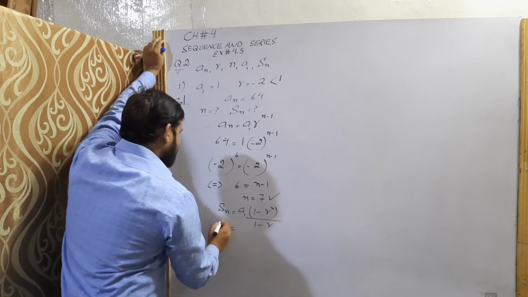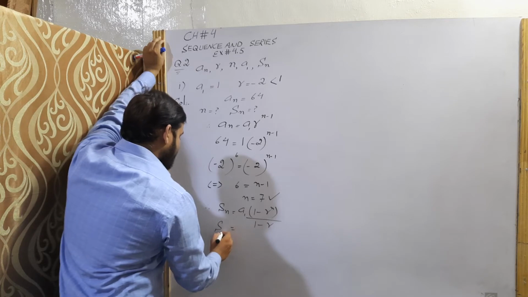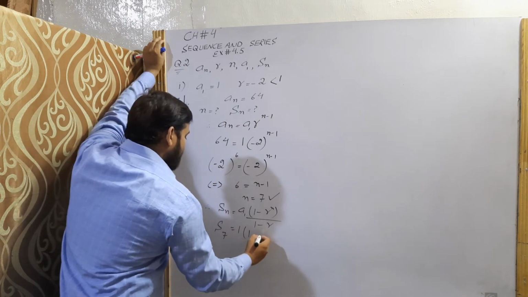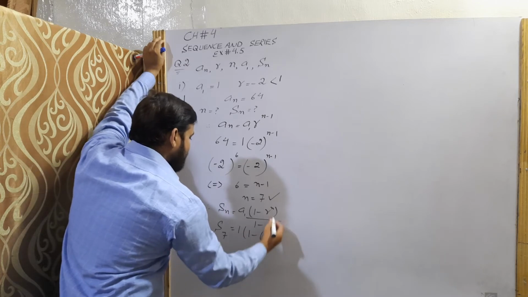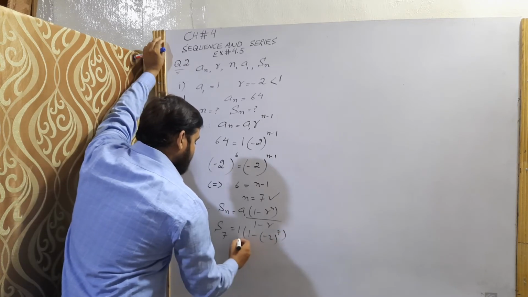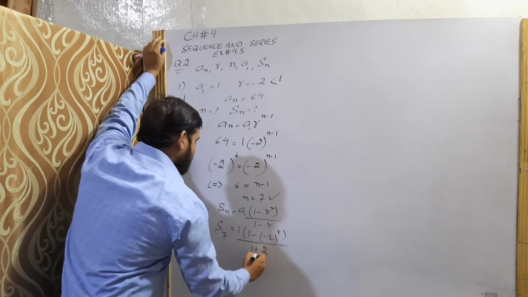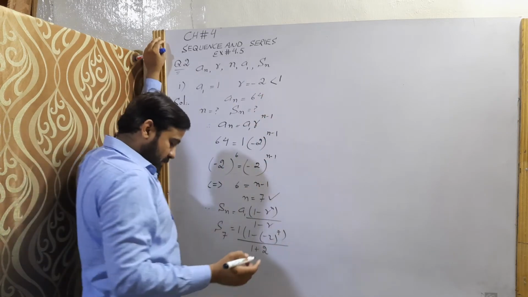So in this case number of terms are 7. A1 is 1, r in this case is minus 2, raised to power n is 7, divided by 1 minus r, so minus into minus plus.